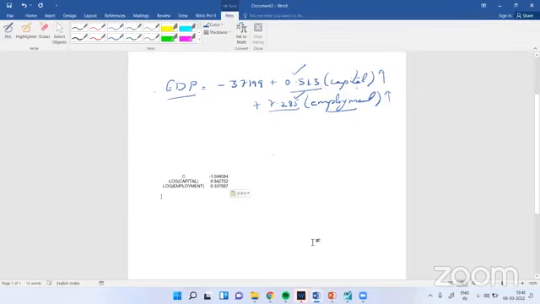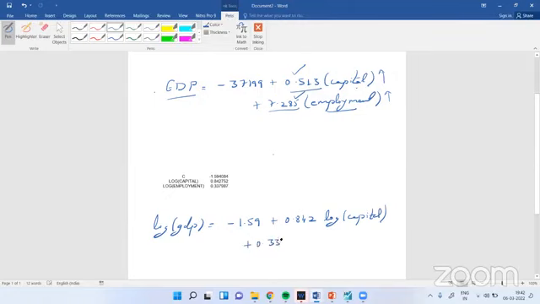And now again I will write the equation, that this equation is now as log of GDP. Is it clear?